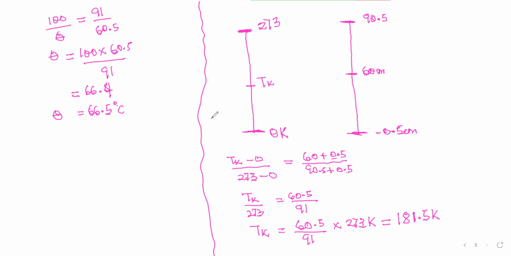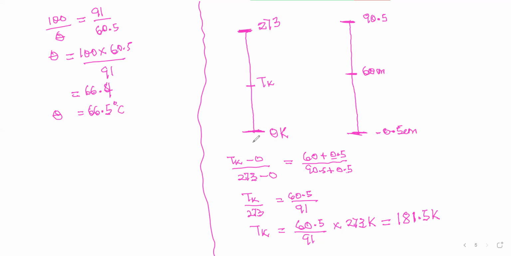Gideon: So why is the lower fixed point of the Kelvin scale 0 instead of 273? Gideon, I earlier said that in modern thermometry, especially on the absolute temperature scale, we make reference to the triple point, which is 273, and the absolute 0.